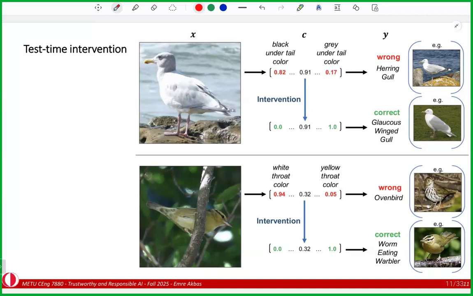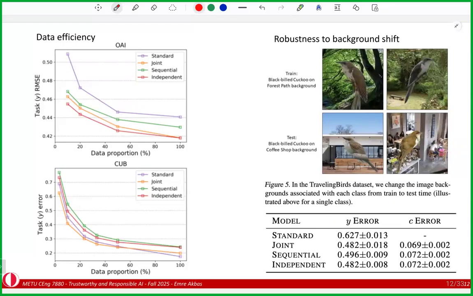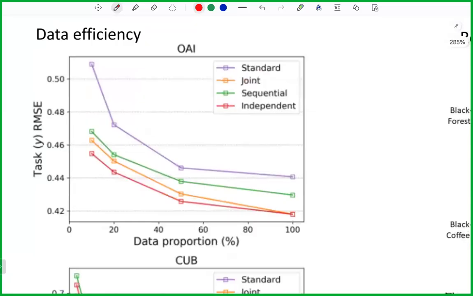They also show, interestingly, some data efficiency results. You can think of it as few-shot recognition on the left. So you see here the standard model, which is the black box standard ResNet training.